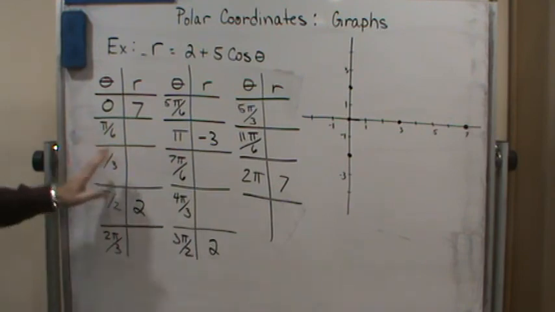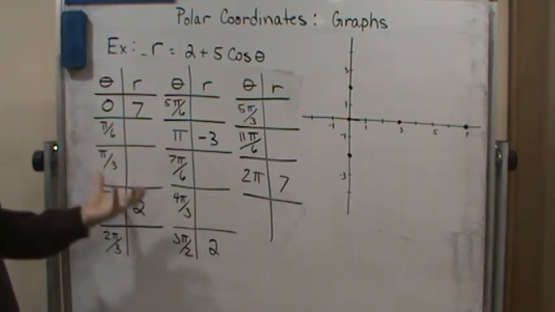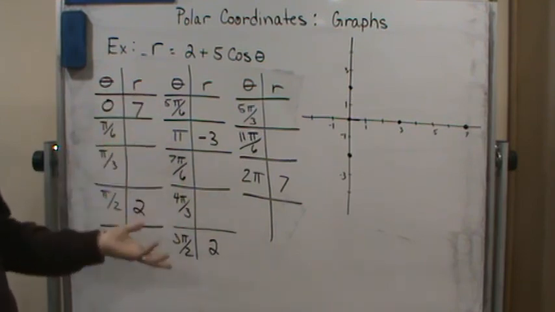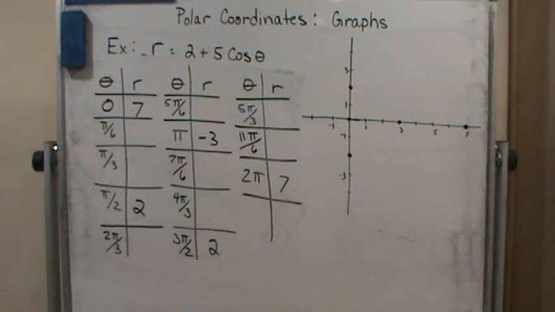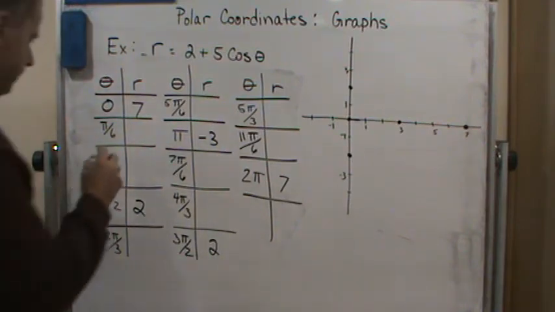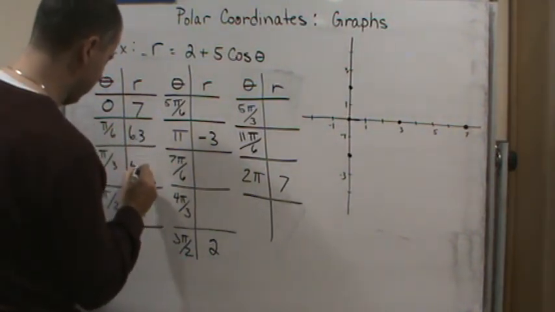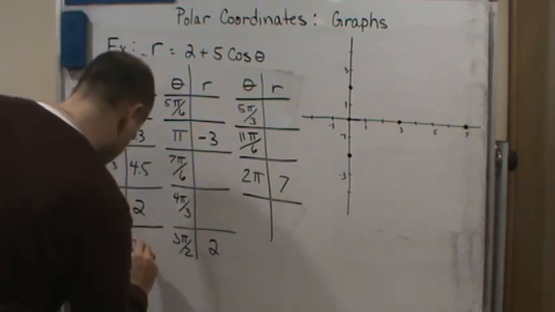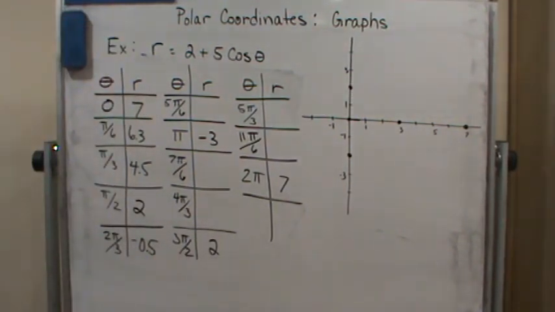Okay, so with the 60-30 angles, these are all going to have reference angles of 30 or 60, so we can use cosine. So I'm just going to fill in the numbers with the decimals. And again, you can plug these in on your own and do them. We've done enough of these, you should be able to do them. 6.3, 4.5, and then 2. And then negative 0.5, and then negative 2.3.